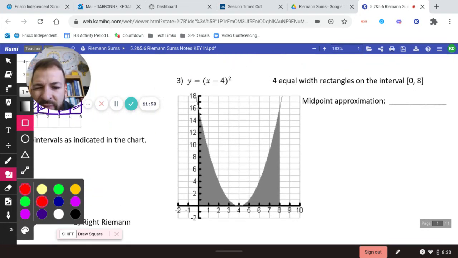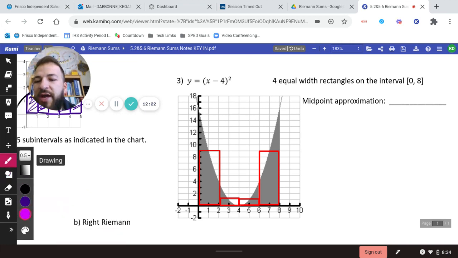And let's see. So between 0 and 2, the midpoint would be 1. So at 1, we're all the way up at 9. Then from 2 to 4 at 3, we're at 1. Between 4 and 6 at 5, we're also at 1. And between 6 and 8 at 7, we are up at 9.